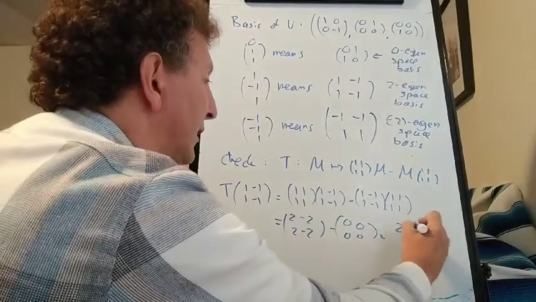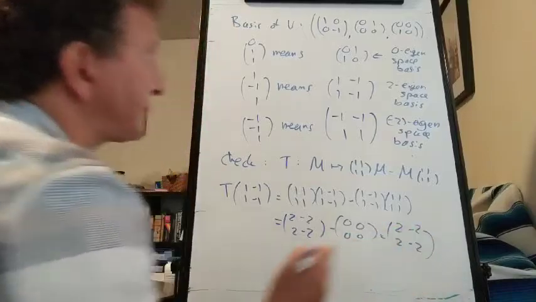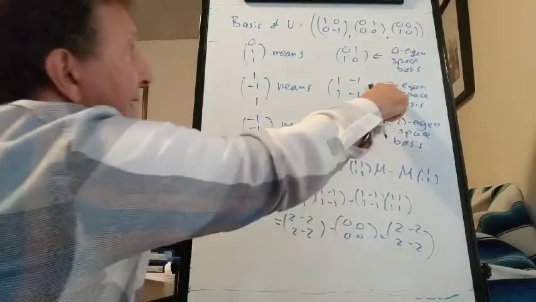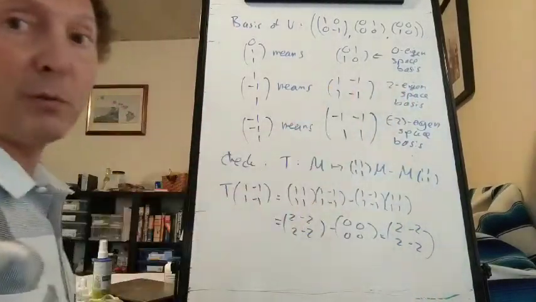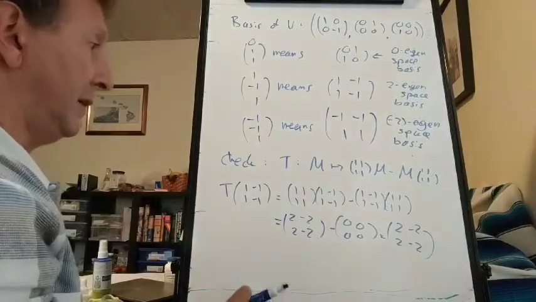So that's 2, negative 2, 2, negative 2, which is good because we were expecting to get 2 times this matrix when we applied T to this matrix.